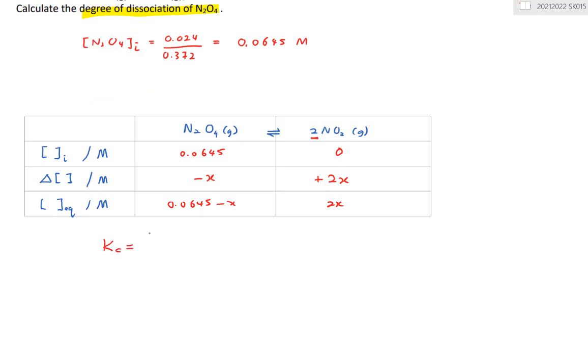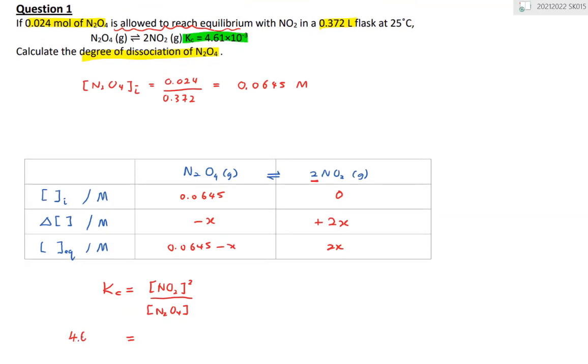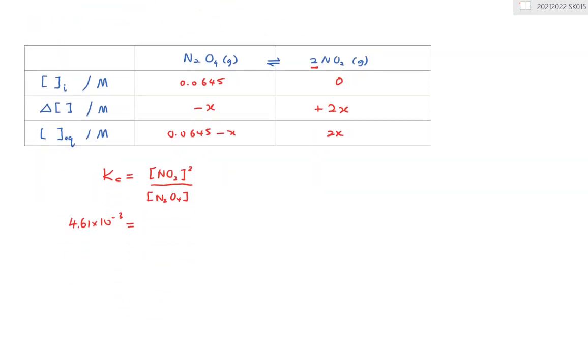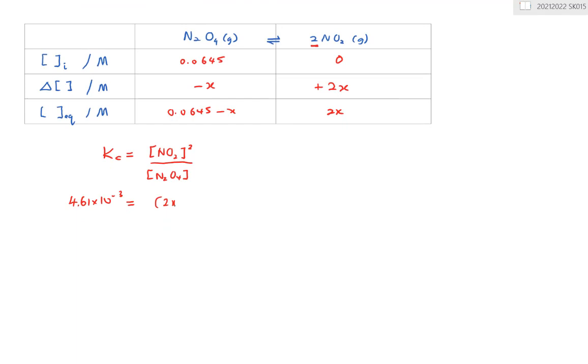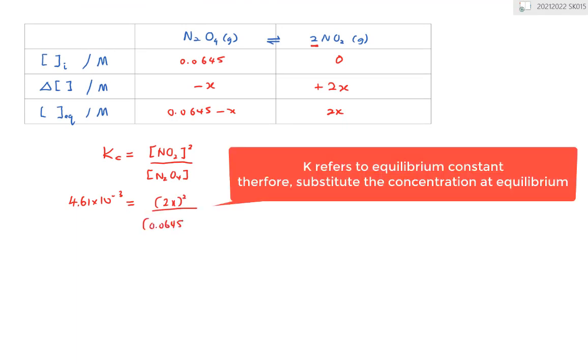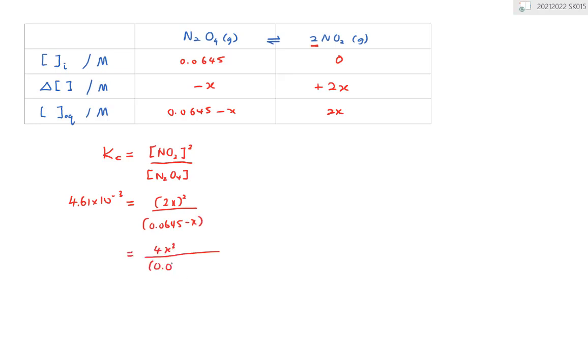So Kc, according to this equation, we have the Kc expression: NO2 concentration raised to the power of 2 over N2O4 concentration. The value of Kc is 4.61 times 10 to the power of -3. Then we have 2x in the bracket to the power of 2, over 0.0645 minus x. And over here, you need to solve the quadratic equation.